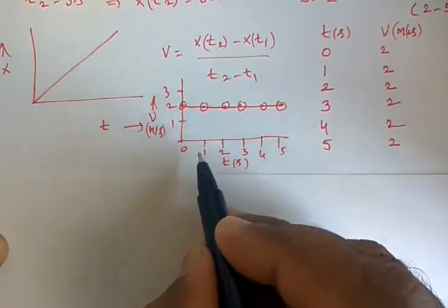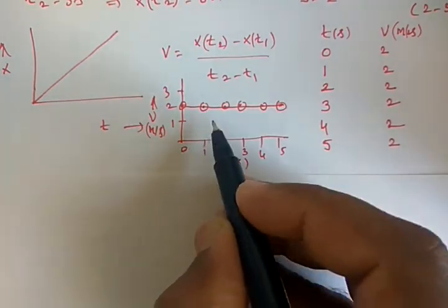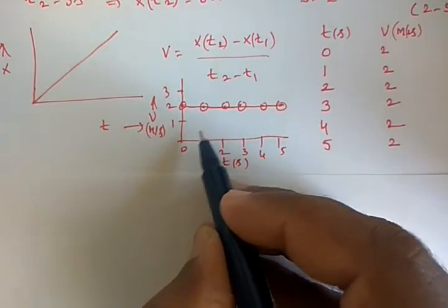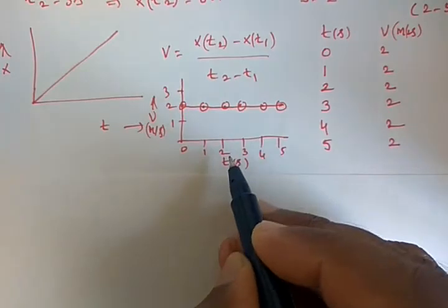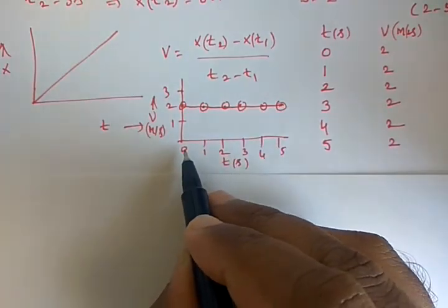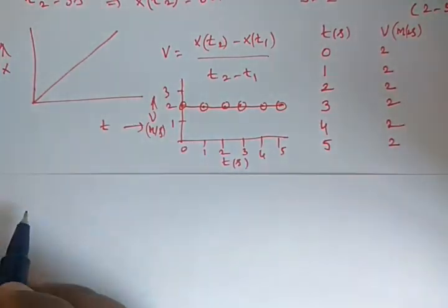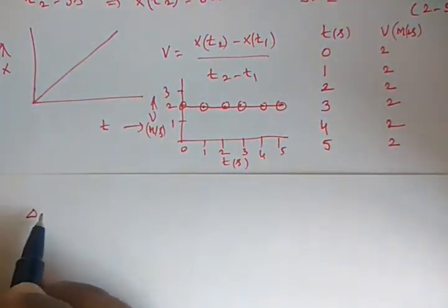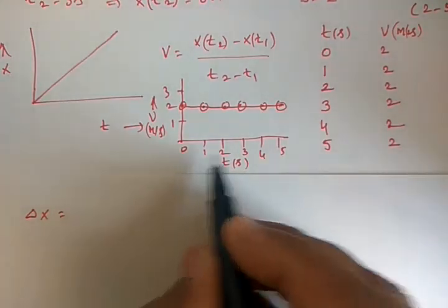Now let us look at this. If you take the total distance covered by the body, or you can say the change in position of the body, the displacement of the body between 0 and 5 seconds, that is the change in position of the body between 0 and 5 seconds.